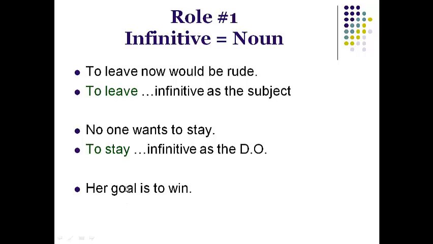The subject to either an adjective or a noun that renames it. So to win is the infinitive, and we just call that a fancy name, the predicate nominative, because it's in the predicate portion of the sentence. And nominative kind of makes you think of noun, nominative, noun. You can kind of hear that.